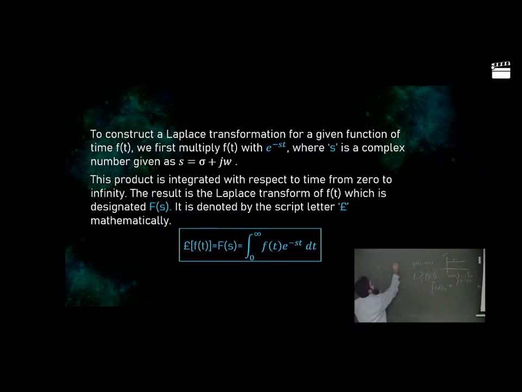This is the S domain. You can convert any given signal into the Laplace transform provided certain Dirichlet conditions hold: it should be piecewise continuous, meaning over an interval the function has to be continuous, and it should not be exponentially increasing in nature.